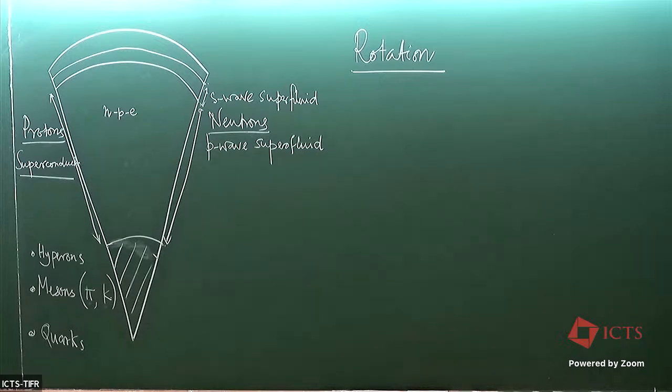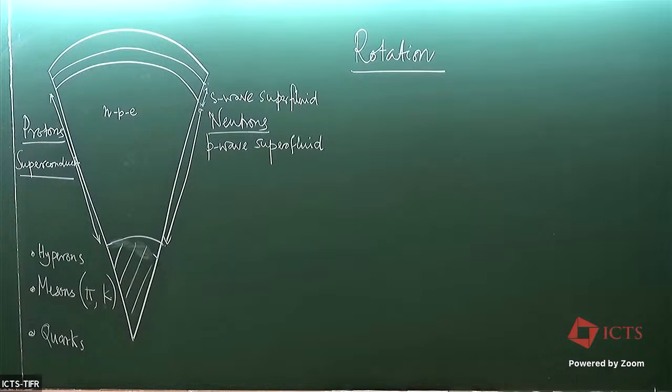A laboratory superfluid, for example, if I rotate it. Initially, if I put a superfluid in a container and rotate the container outside, the container will keep rotating, it will slip. The superfluid will remain stationary. But over time, some amount of angular momentum can be transferred to the superfluid.